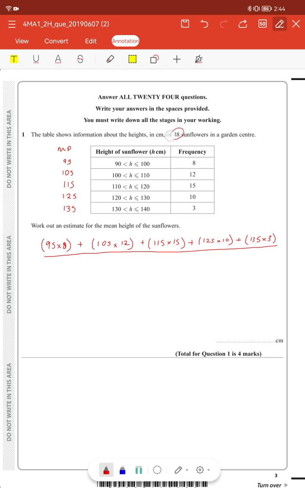So the total frequency is 48 sunflowers, and that should give you an answer of 112.5.